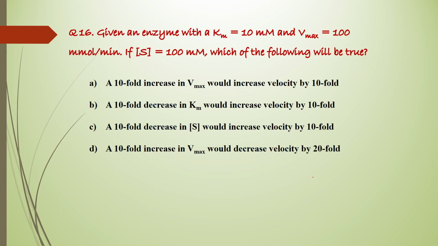So what is our Michaelis-Menten equation? It is V0 equals Vmax into S divided by Km plus S, where V0 is your initial velocity, Vmax is the maximum velocity, S is the substrate concentration, and Km is our Michaelis-Menten constant.